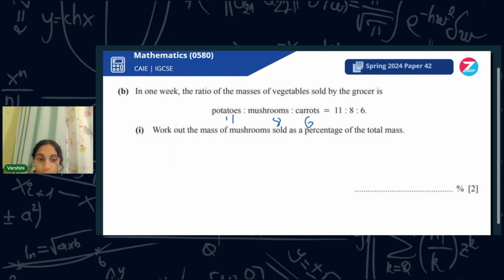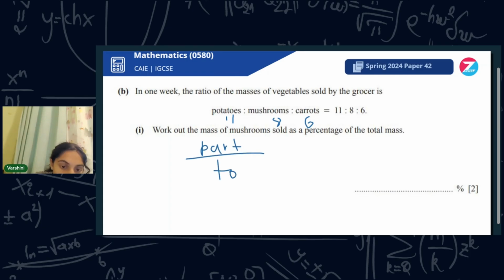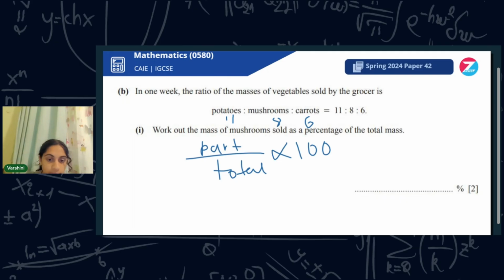So the formula for percentage would be part by total into 100. Hold on, my bad, that's a multiplication sign.